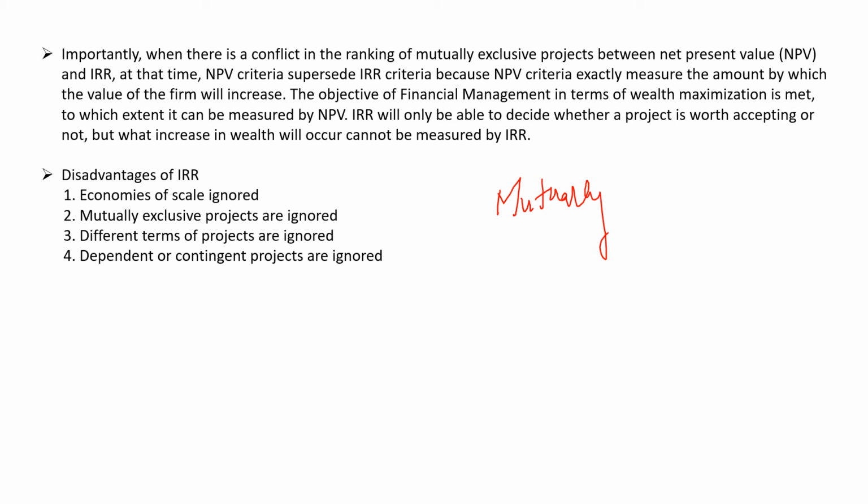What does it mean, mutually exclusive projects? It means that, let us say we have two projects, project A and project B. Project A is for hotel construction and project B is for cinema hall construction.